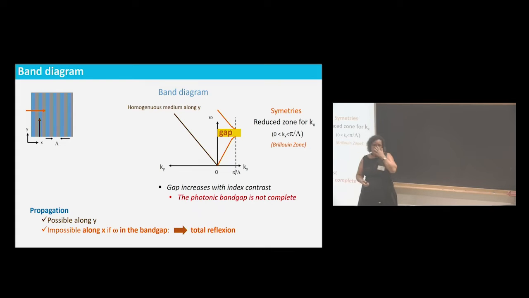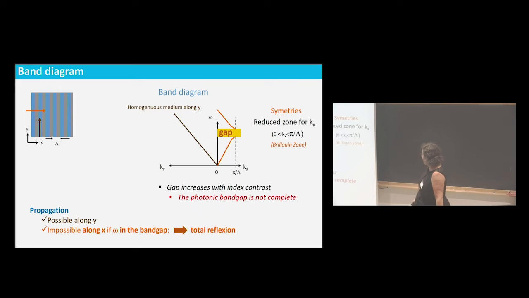We can go one step further. I take this material, and I propagate either like this or like this. In Y, this is homogeneous, so I have the line, and here I have the gap. I don't represent all the k's, because we can prove that if you have symmetries and periodicity, you don't have to represent everything, and you can restrict to what is called the Brillouin zone.